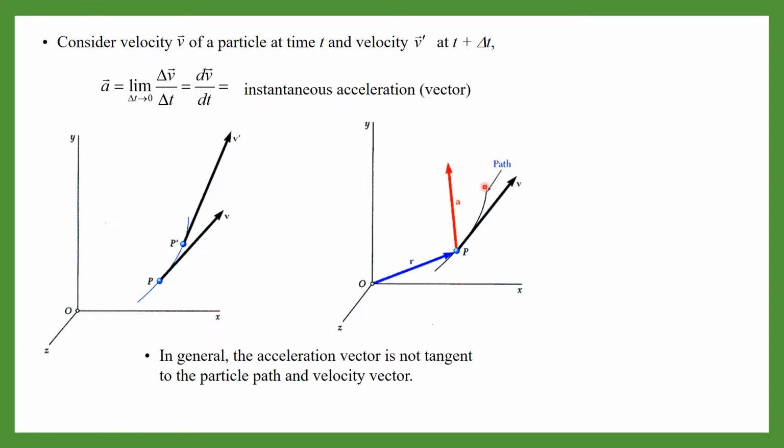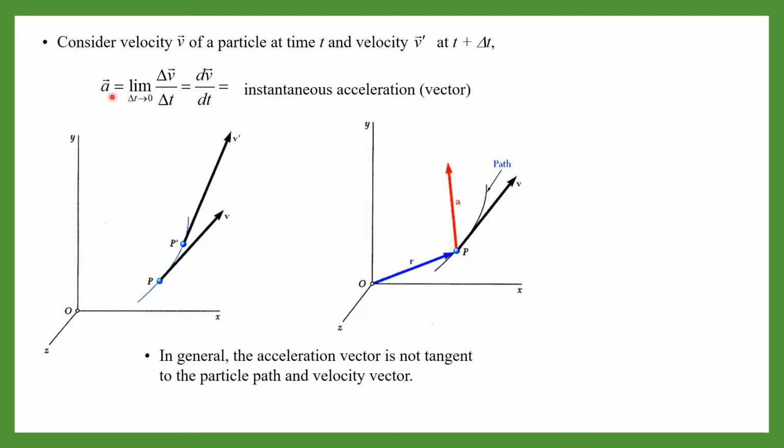Now consider you want to calculate the acceleration of the particle in curvilinear motion. That is very simple. Suppose the velocity when the particle is at P is v, and when the particle moves to point P dash it is v dash.